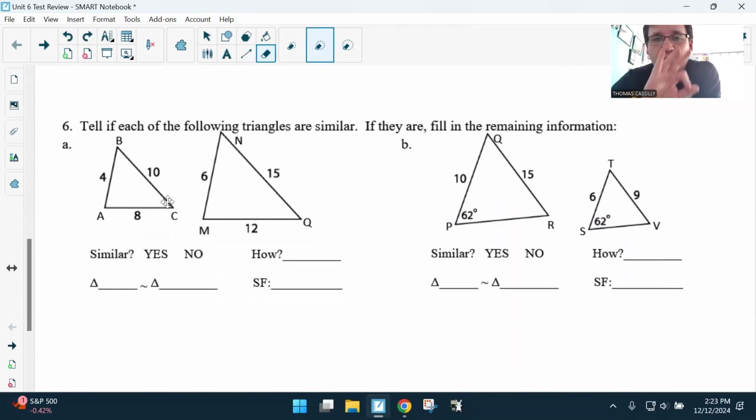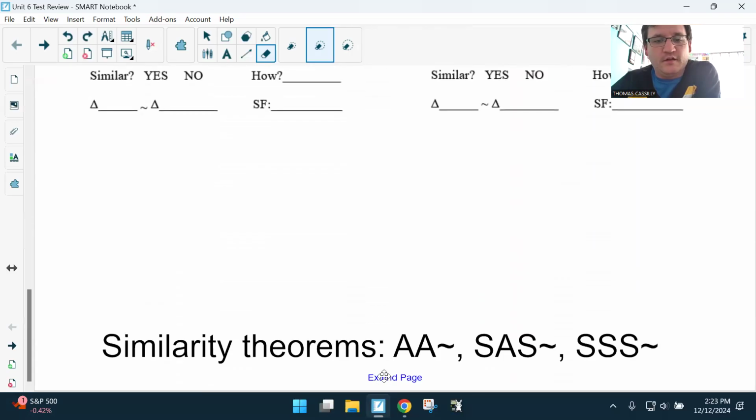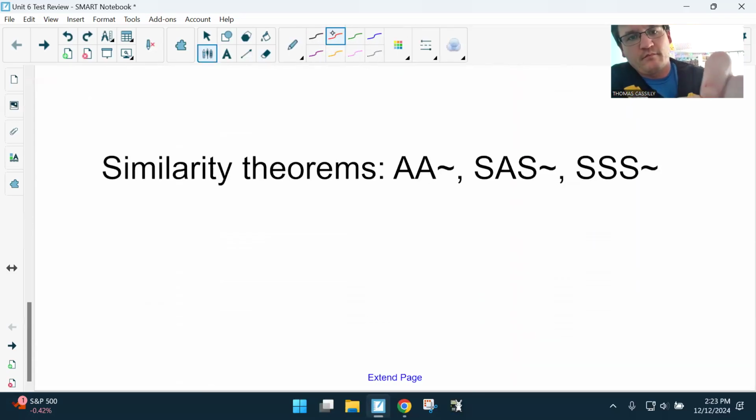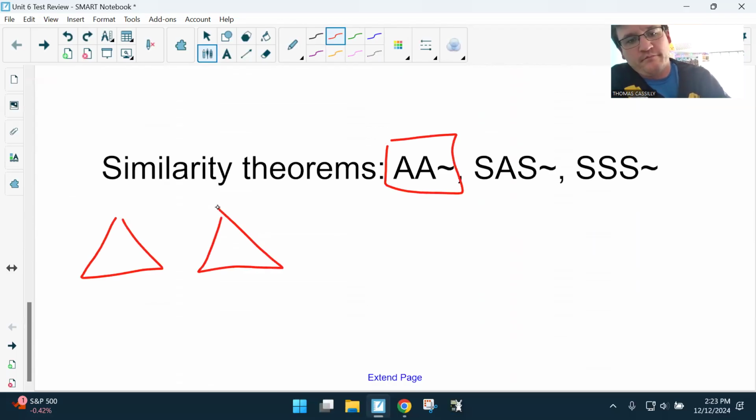So there are 3 ways to tell that triangles are similar. There's the angle theorem. So if I have 2 triangles, if I have 2 corresponding angles that are congruent, those triangles are similar. I only need 2. I don't need that third one.